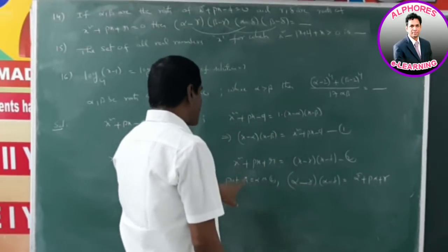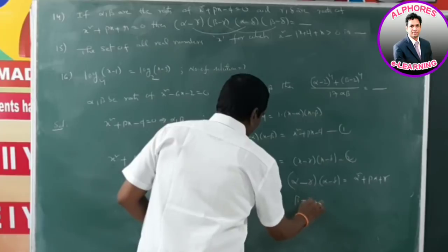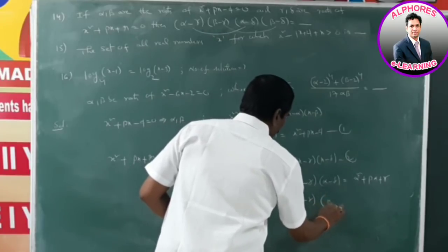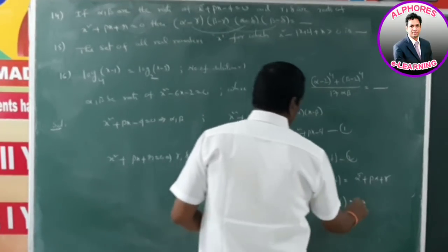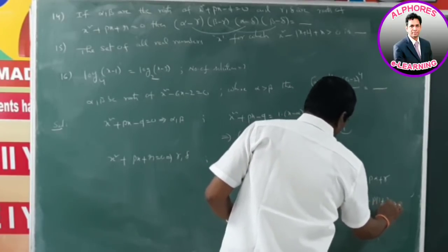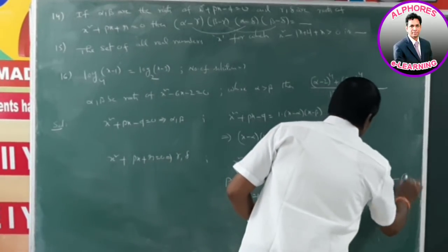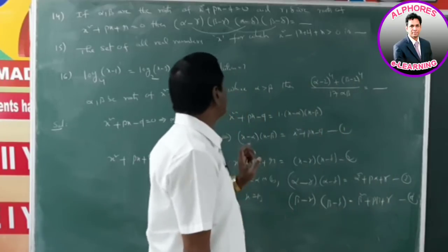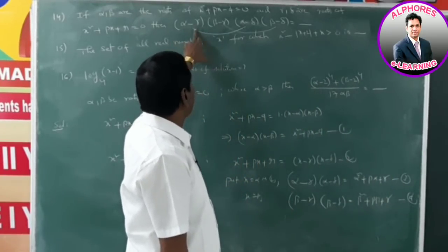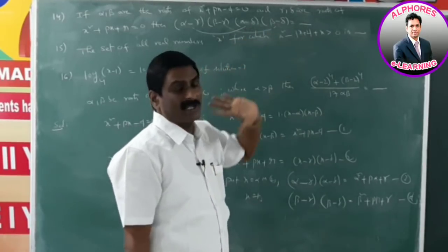Okay. Similarly, substitute x = beta, we get (beta − gamma)(beta − delta) is equal to beta² + p beta + r. It is the third and fourth. By multiplying these two values, we get (alpha − gamma)(beta − gamma)(alpha − delta)(beta − delta).